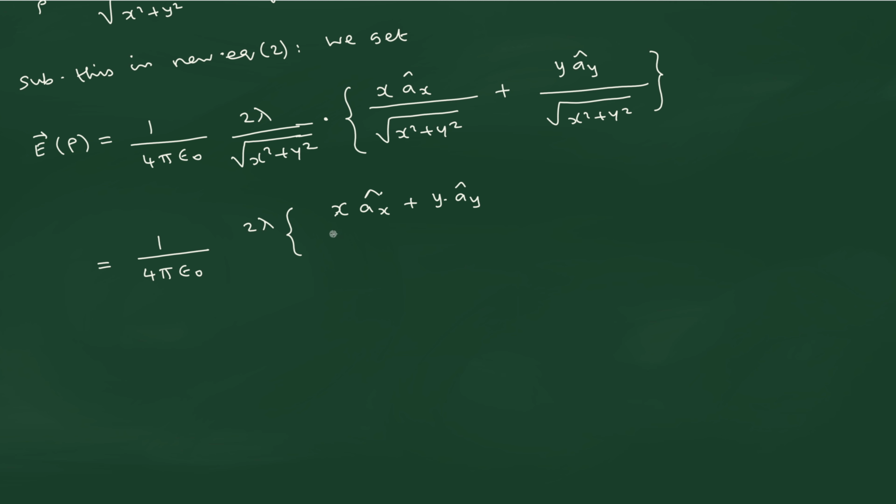Now after multiplying this, you get a common denominator, so I will be writing that x square plus y square. And that's all. So this is the expression that you have.